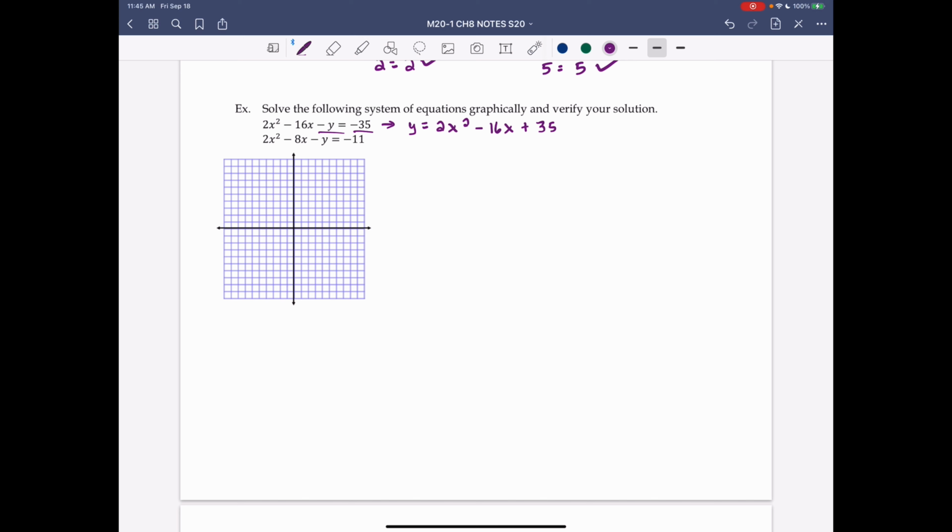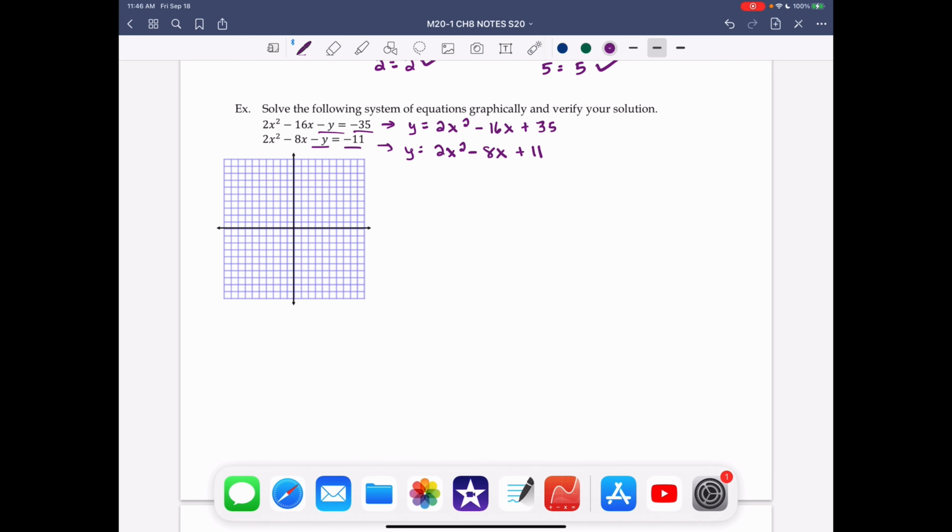Next equation, same thing. We have a negative y and a negative 11. We need to add y to both sides, add 11 to both sides. We get y equals 2x squared minus 8x plus 11. Let's graph in our graphing calculators.